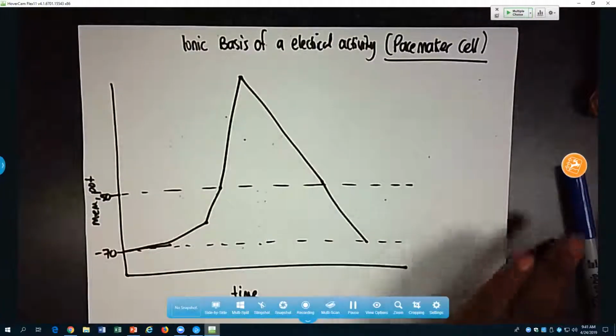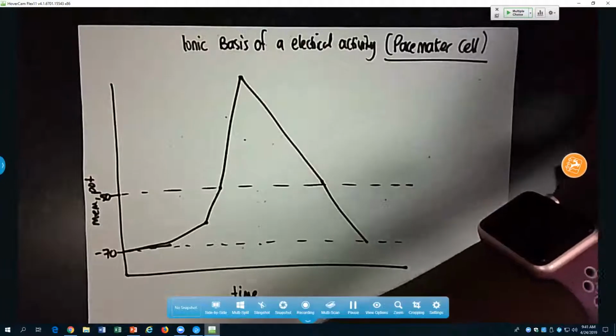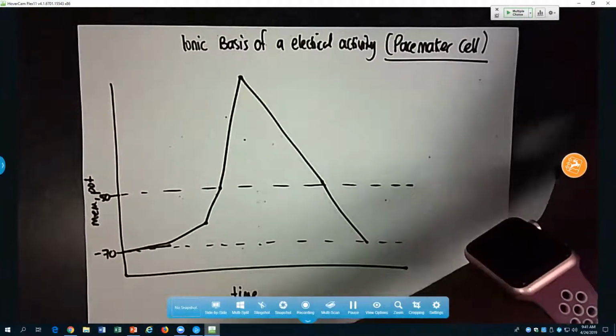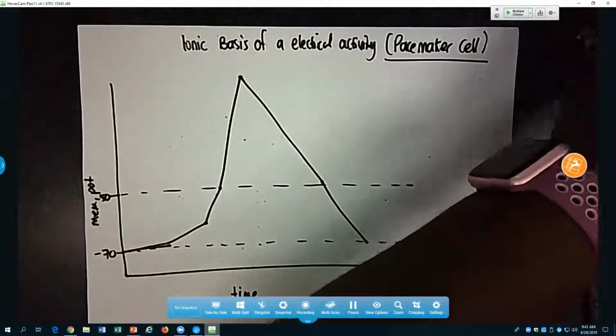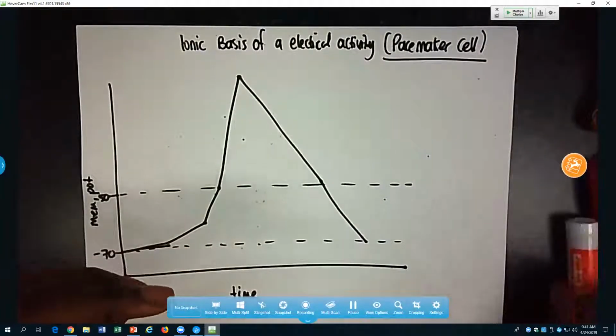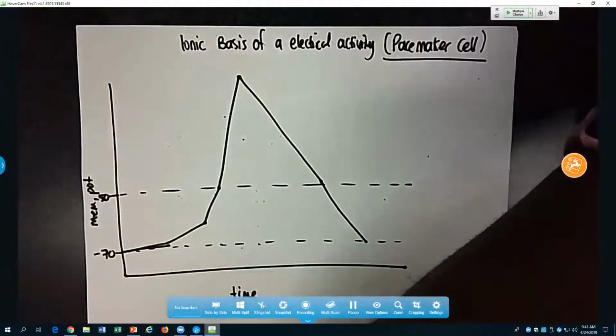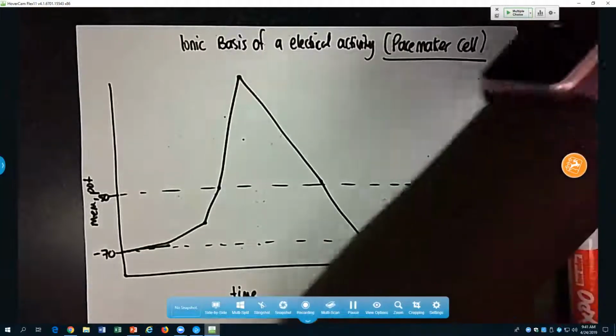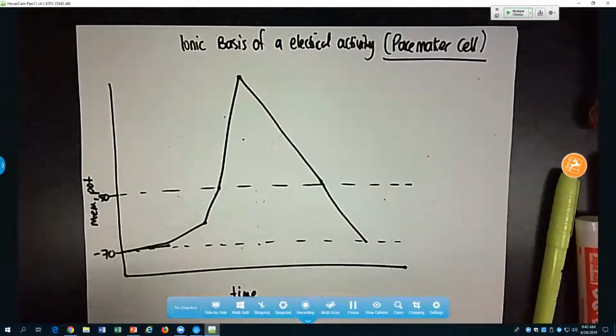Okay, so there are 4 phases that describe the ionic movement of this cell.